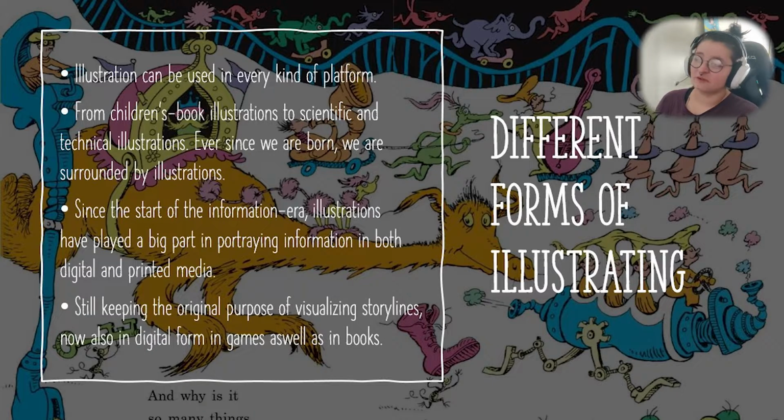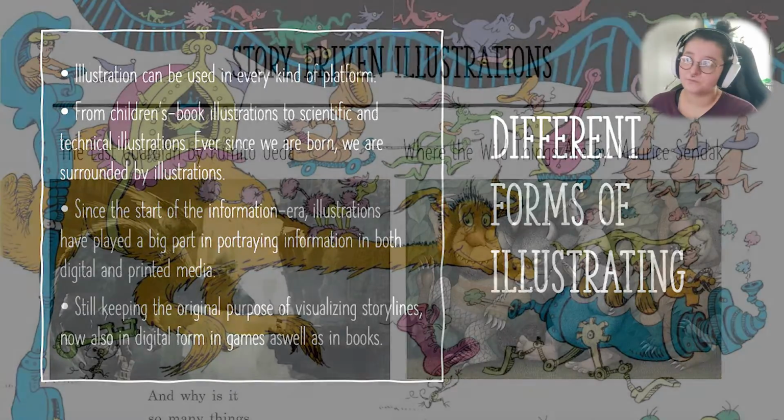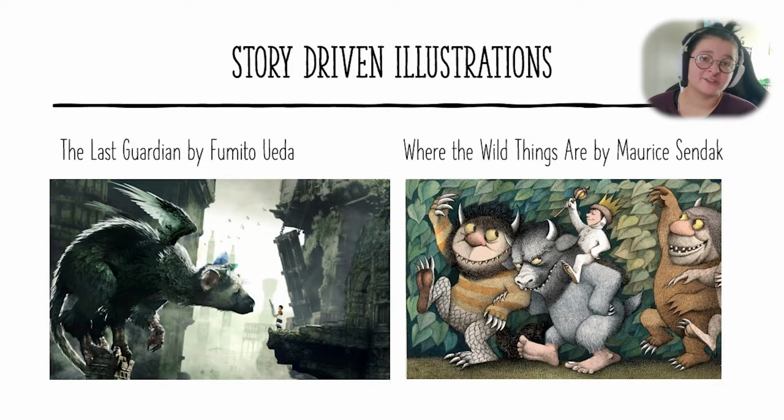Since the start of the information era, illustrations have played a big part in portraying information in both digital and printed media, still keeping the original purpose of visualizing storylines, now also in digital form in games as well as books. And now for just a few examples with pictures, and then I go through briefly more in-depth definitions of different kinds of illustrations.